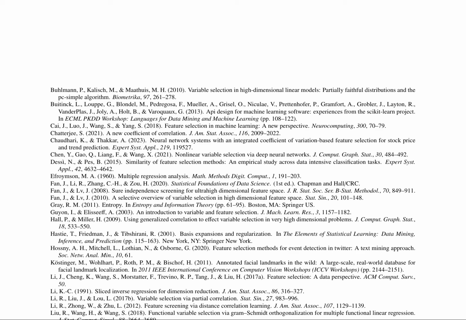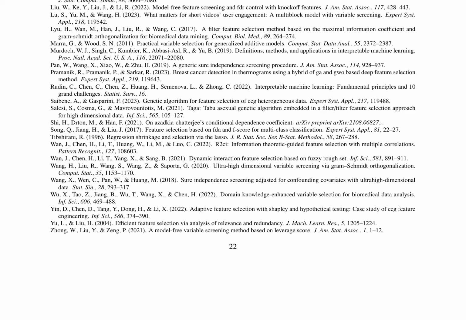Partial correlation is another technique that has gained popularity in feature selection. This method measures the correlation between each feature and the response variable while controlling for the effects of other features. Deep neural networks have also been successfully applied to nonlinear variable selection, where the network's weights are used to identify the most important features.